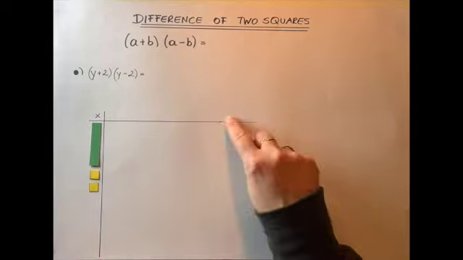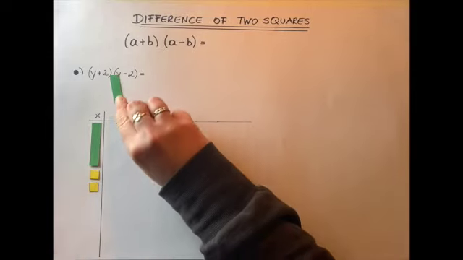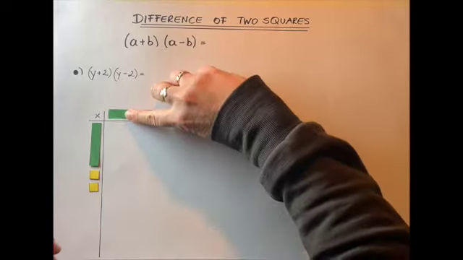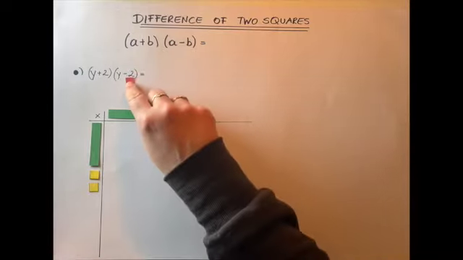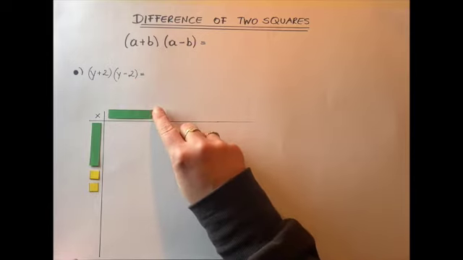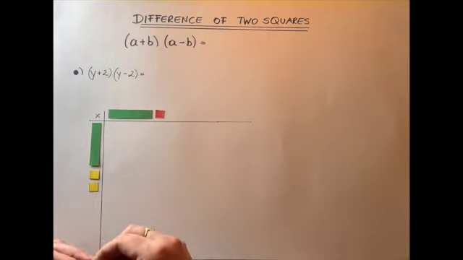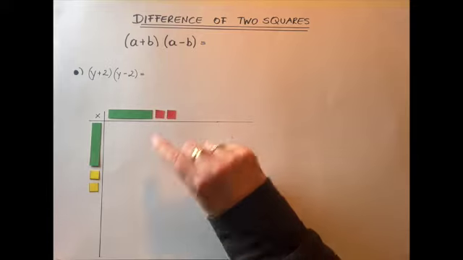The second bracket is going to go here. Again, we have one y, and now we also have 2 units, but these 2 units are now negative. So we need to make sure that we use that red side of the unit tile.